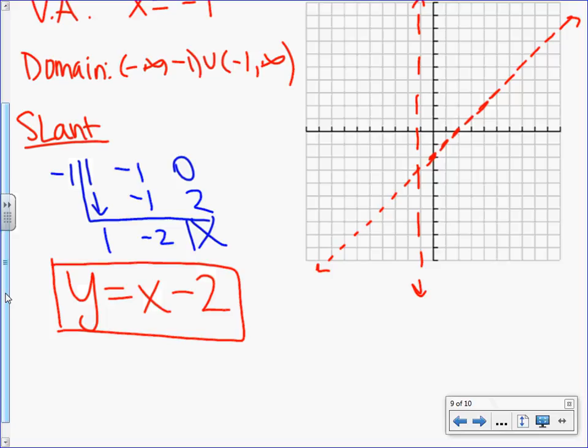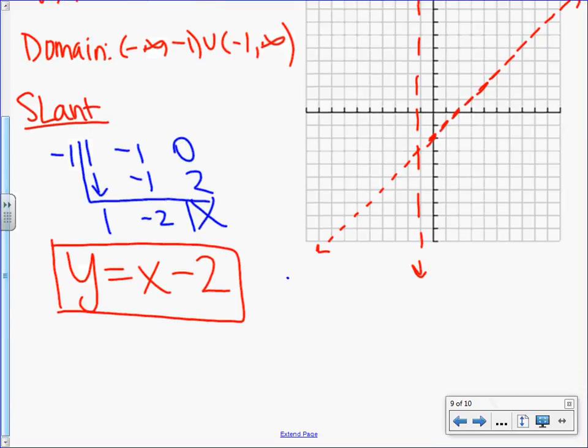From here, we can just pick points. Pick a couple on either side of your asymptote. So since our asymptote's at -1, let's pick 0. What do we get when we plug 0 into our function?